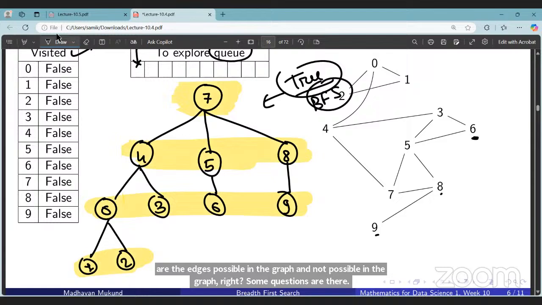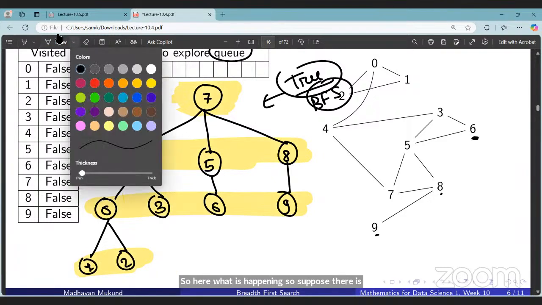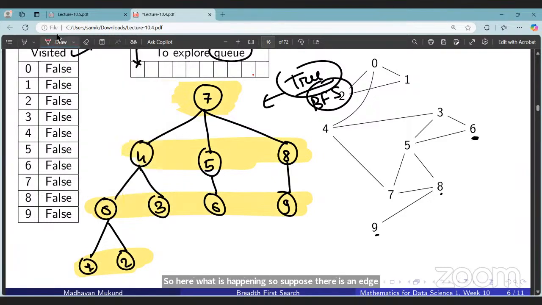So suppose there is an edge between two vertices which are situated at different levels. Let us understand the levels. In the BFS process, we assign some levels. Initially, the level of the source vertex will be 0.